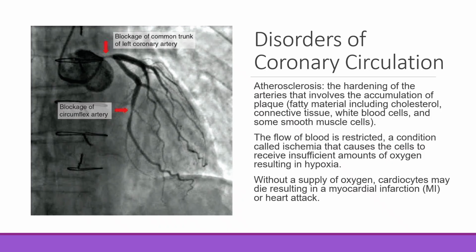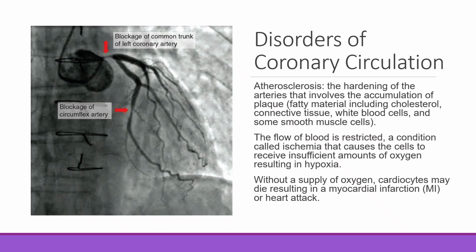Then you also have connective tissue in there, some white blood cells, some smooth muscle cells, all kinds of stuff that builds up and makes this blockage. Blood is restricted because of it. That condition is called ischemia. It causes the cells in the area to receive insufficient amounts of oxygen and results in hypoxia.